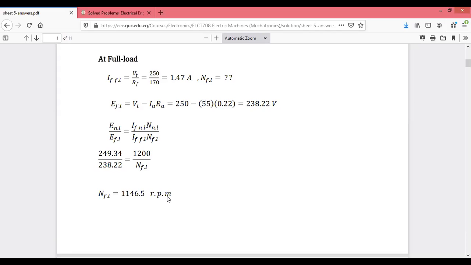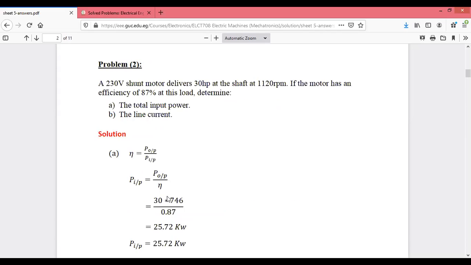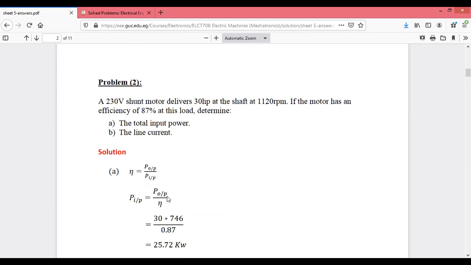Okay, again we can look at another question. In this problem they have given: a 230 volt shunt motor delivers 30 HP. It is nothing but the power at the shaft, at 1120 rpm. This will be the speed, rotations per minute, capital N. The motor efficiency, efficiency means what?